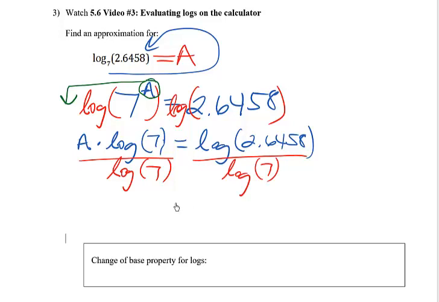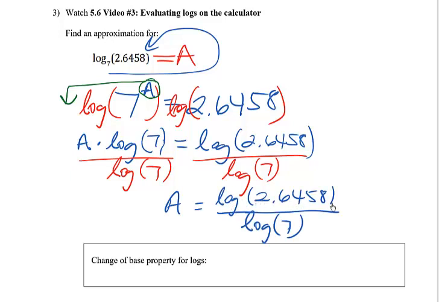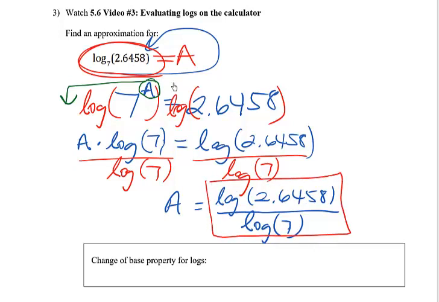And so now we have A is equal to log of 2.6458 divided by log of 7. Well, remember, A was what we were looking for. A is this. We've just come up with a way to calculate what we were looking for using the LOG button on the calculator. Well, that leads to what's called the change of base property for logs.